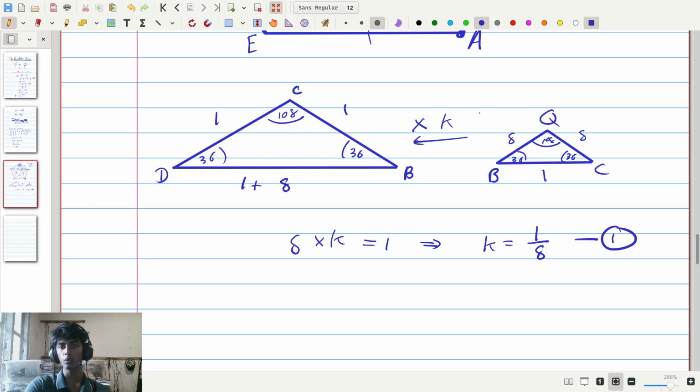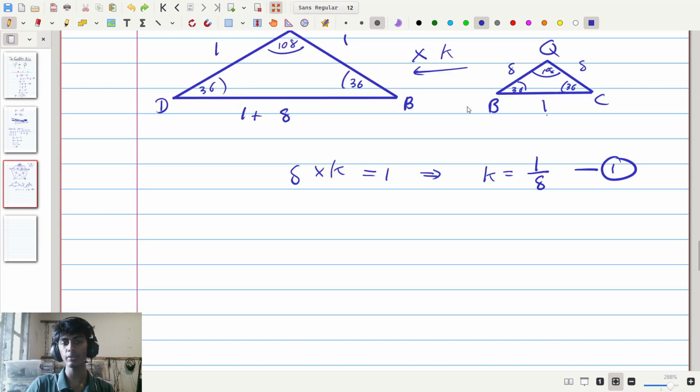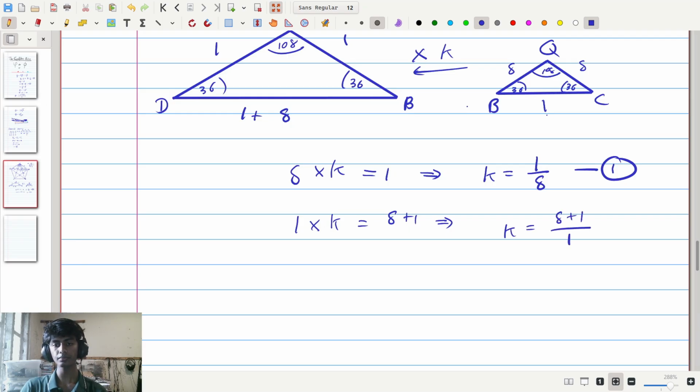If instead we compare the other two side lengths, then when we scale 1 up by a factor of k, we need to get a length of delta plus 1. So 1 scaled up by k must be equal to delta plus 1, meaning that k is equal to delta plus 1 divided by 1.